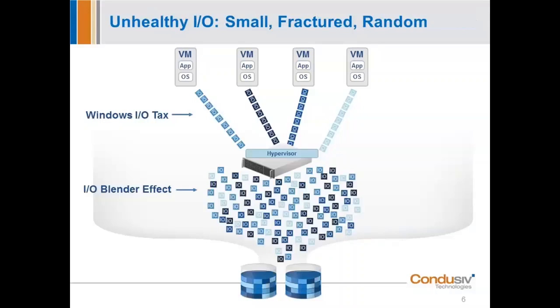But as Dan is showing right now, this is kind of a worst case scenario where you're getting all these random IOs coming from each VM, and then as it goes through the hypervisor, it gets scattered randomly, and you get this effect that was termed by Gartner and ourselves called the I/O blender effect. So now all these random IOs are coming down there, and they get scattered, and they're not being handled in order.